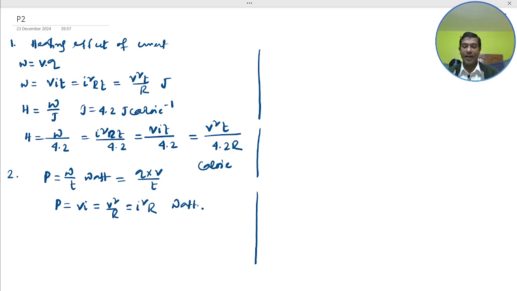Second one is Faraday's law of electrolysis.